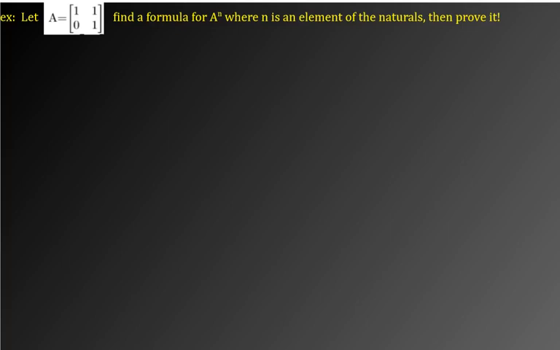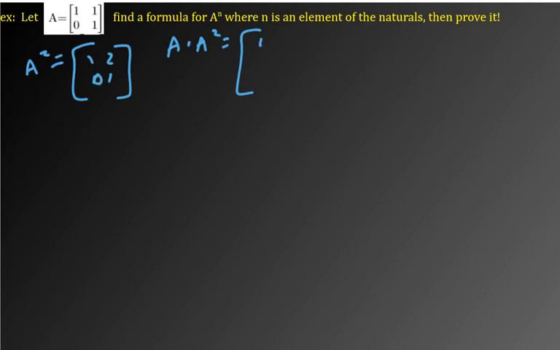All right. So if you do a few of these out, let's just do A squared, all right? A times A, you're going to get that. And then if you do just A times A squared, all right, you're actually going to get 1, oh wait, sorry, I meant 0.